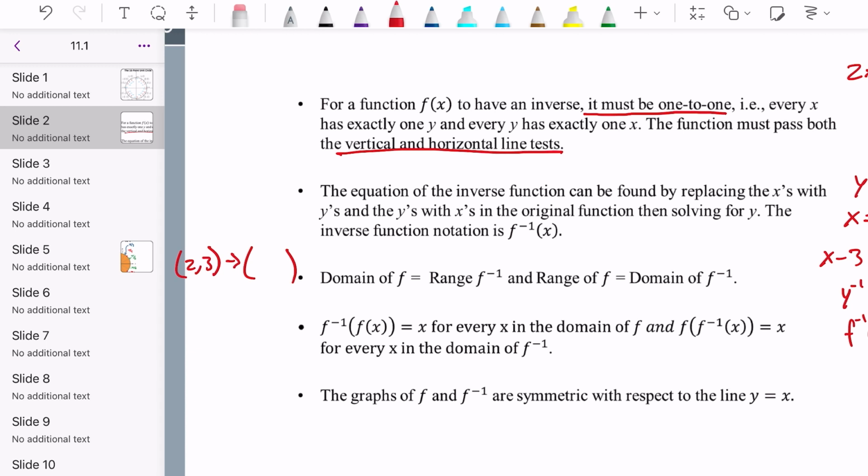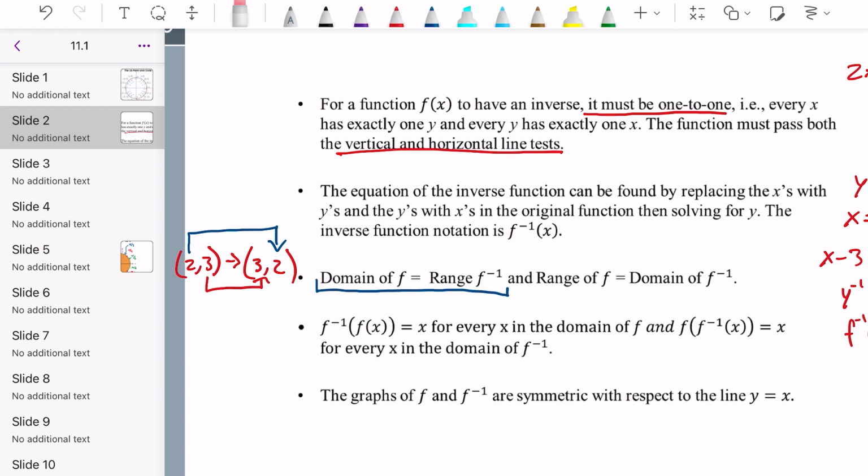So y would go in the place of x, x would go in the place of y. We would then end up with 3, 2. If you take notice, this main statement of the domain of the function is the range of the inverse, meaning the x takes the place of the y and the y takes the place of the x.